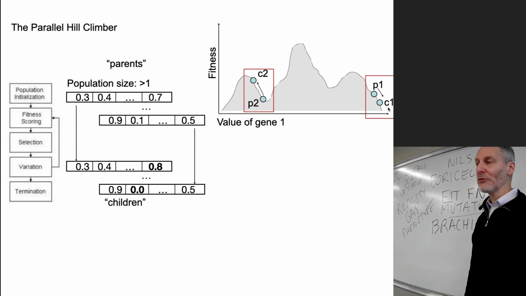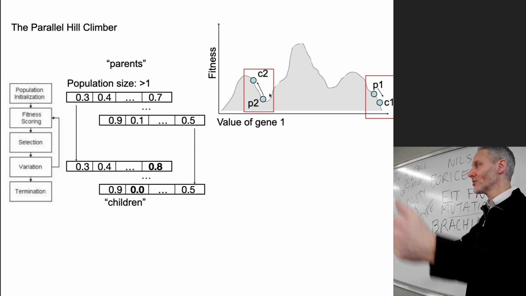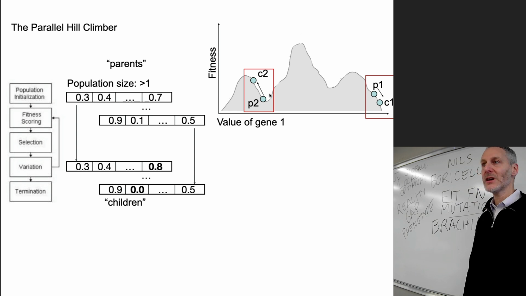C1 has lower fitness than its parent, and C2 has higher fitness than its parent, so you know exactly what's going to happen. Wave goodbye to C1 and wave goodbye to P2, and rinse and repeat. Each of those 2 new parents is allowed to produce one offspring each, and we keep going.